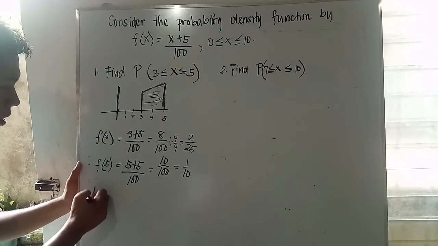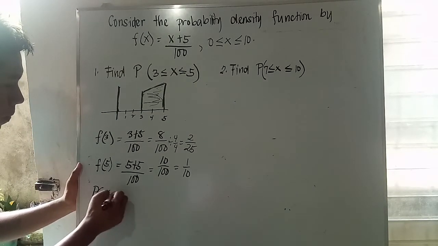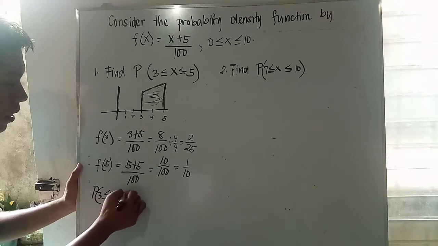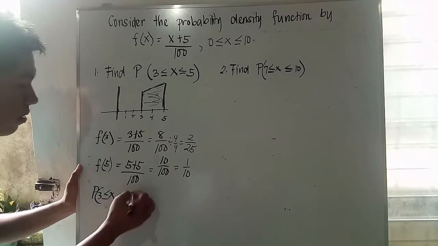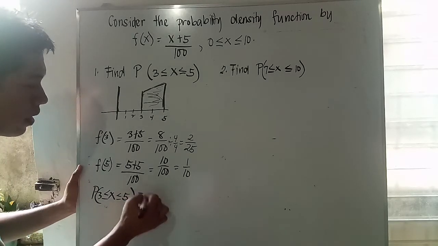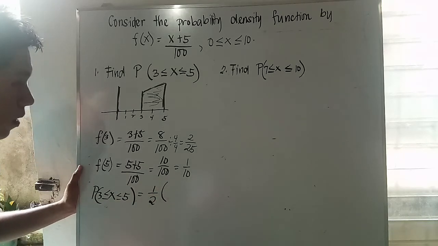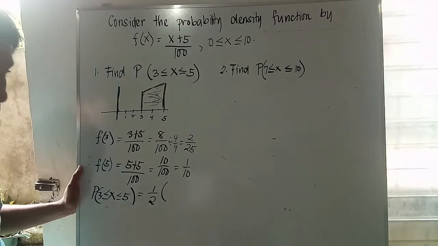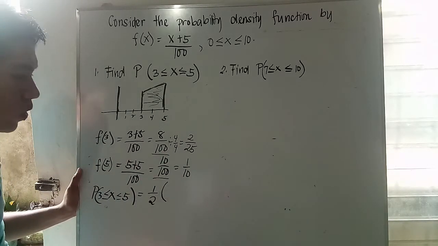So we have the probability of x greater than or equal to 3 and less than or equal to 5 equal to 1/2 times the sum, which is 2 over 25 and 1 over 10. We'll be using 8 over 100 plus 10 over 100, since they are similar fractions, for us to easily add the fractions.